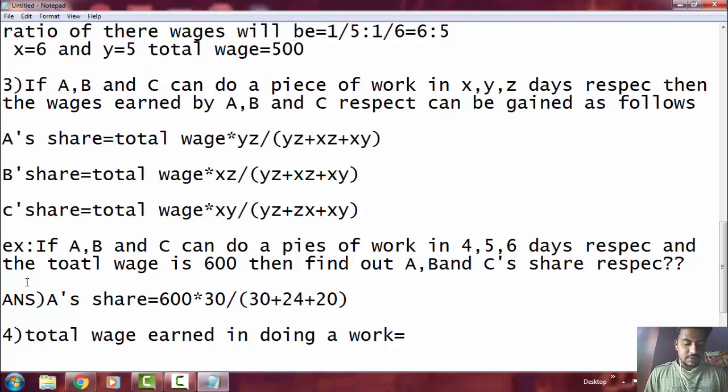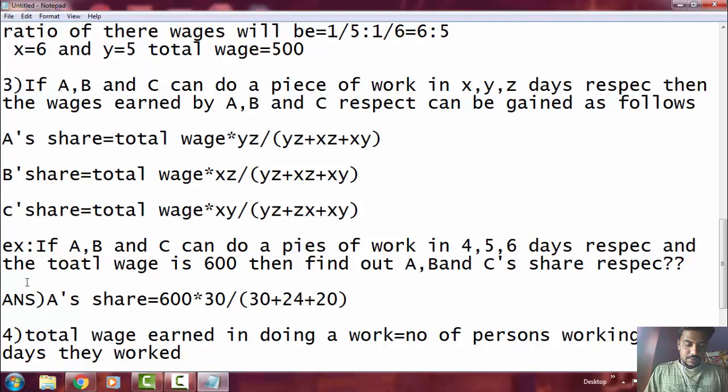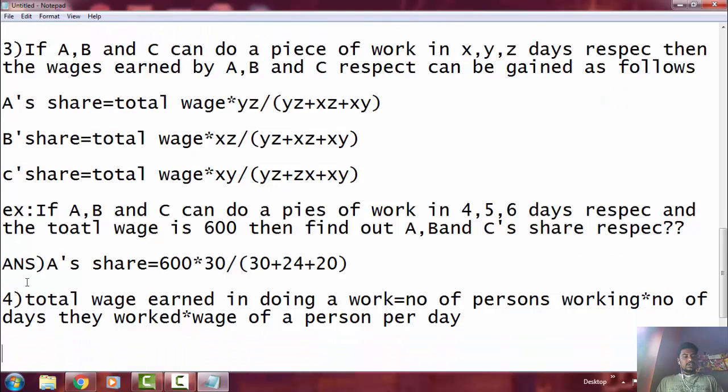Total wage earned in doing a work is equal to number of persons working into number of days they have worked into wage of a person per day. I have made this formula crystal clear.